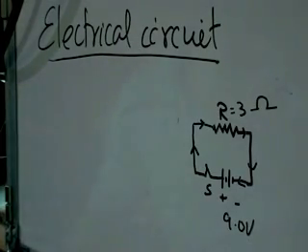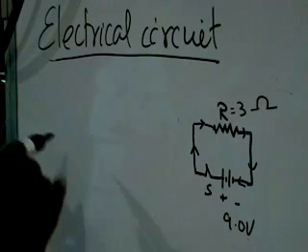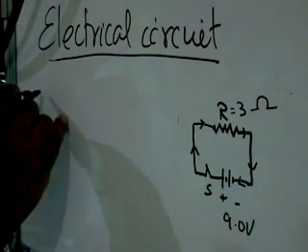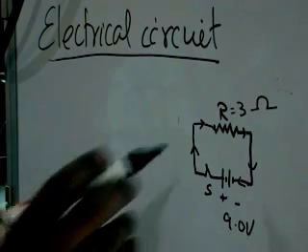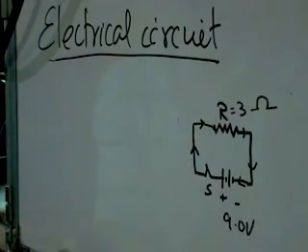So now what will be the value of current? How to know the value of current flowing in the resistor?